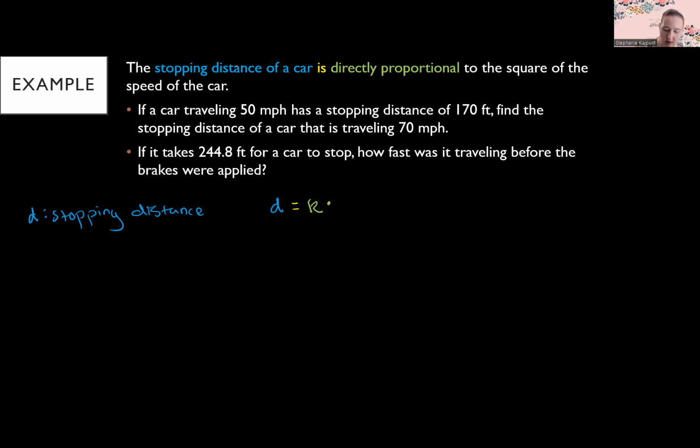And then it is directly proportional to the square of the speed of the car. So speed of the car is our other unknown. So we can call that S. I'm actually going to use R for rate, so that my S doesn't look like a 5.